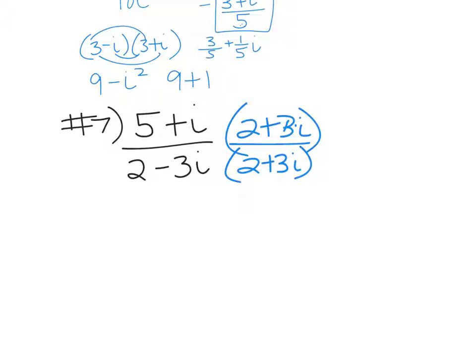If they were just to give you 5 plus i, and there's no denominator, would you just multiply it by 5 minus i? If they just give you a numerator with no denominator, you wouldn't have to do that, because the reason why we're doing it is because we can't have i in the denominator.